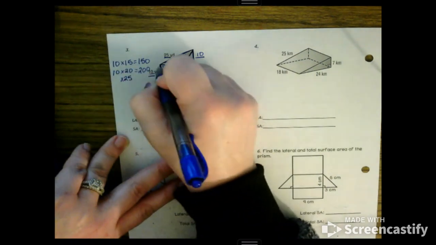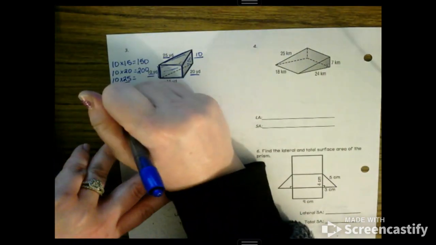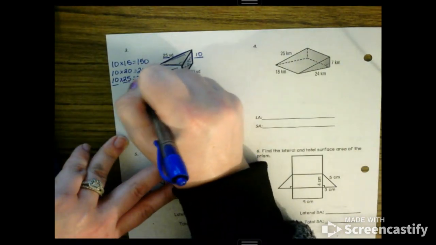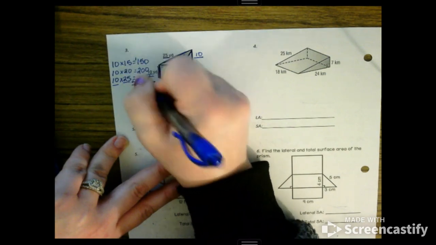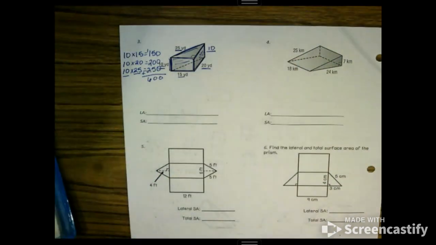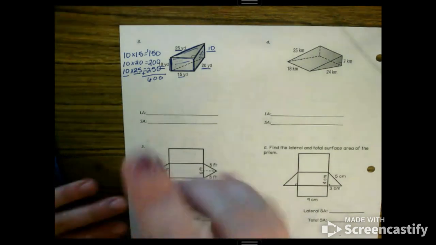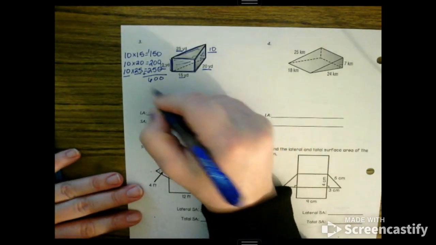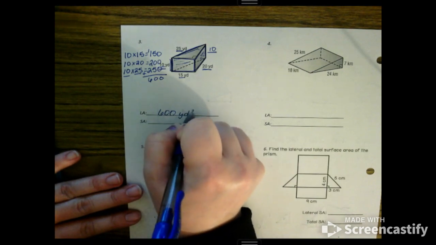What's my height? 10. What's 25 times 10? Okay, what do I do with those 3 numbers? Add. I get 600.